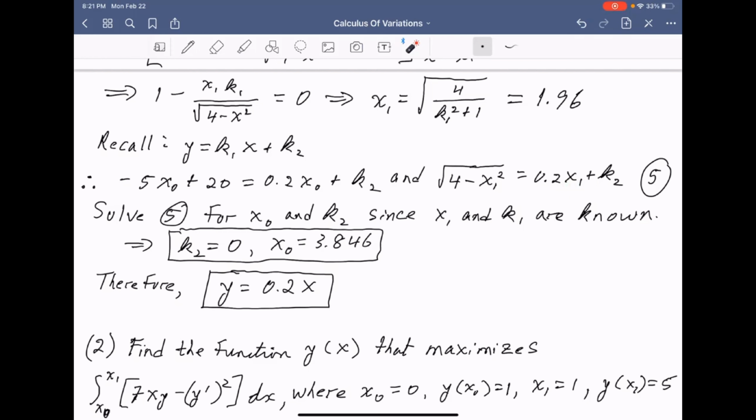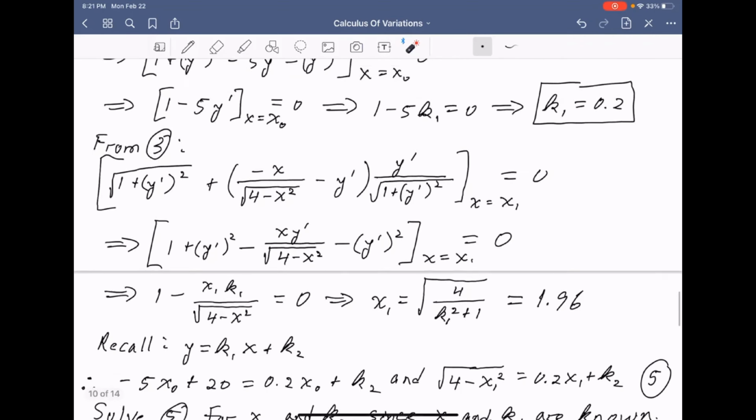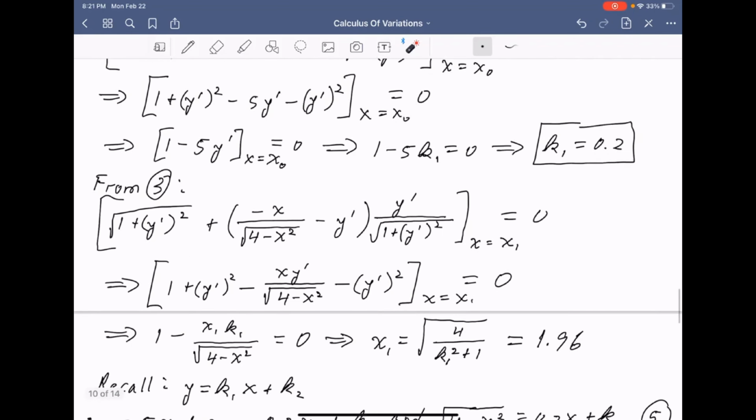We solve these two equations for x naught and k2, since x1 and k1 are known. So here's our x1, and our k1 is 0.2.